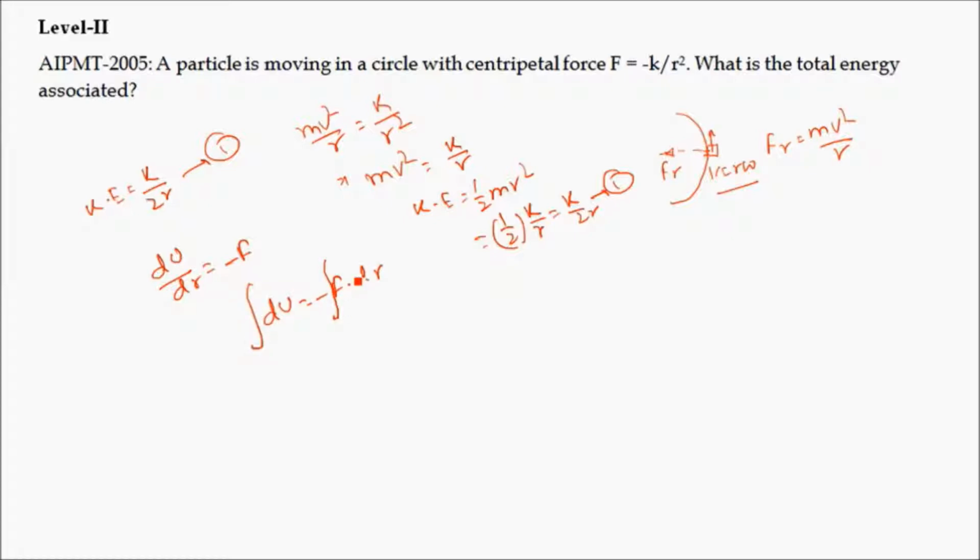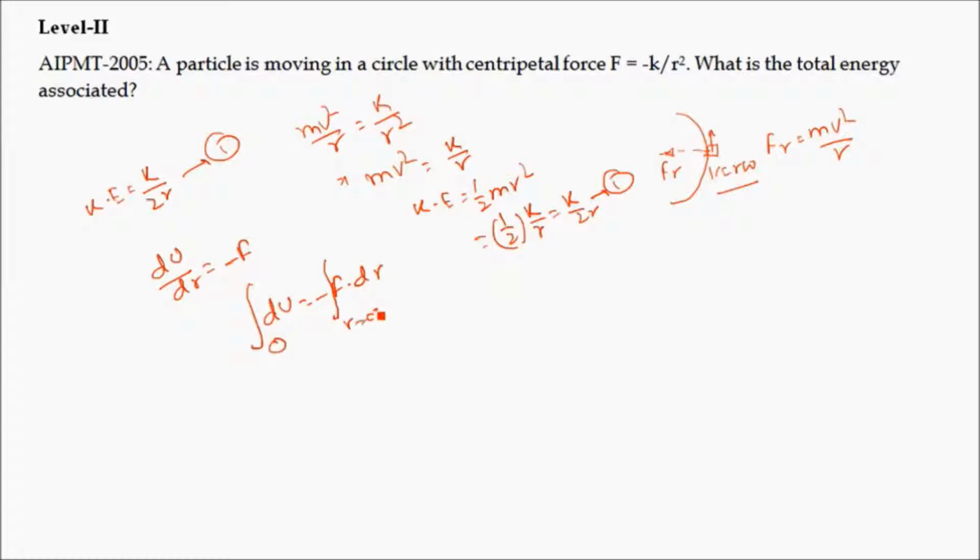So how will we integrate it? At r equal to infinity, that is when the particle is at infinity, there is no external force, and the potential energy of the system will be equal to 0.